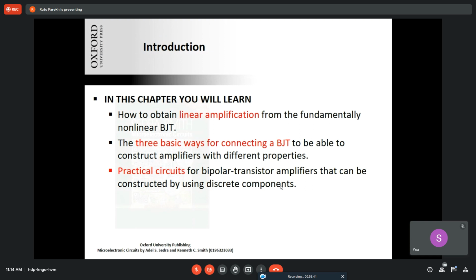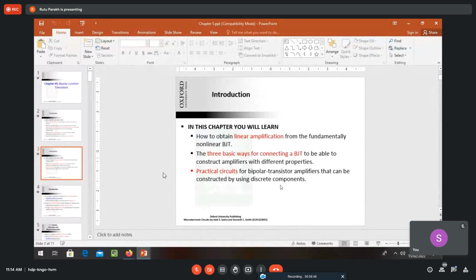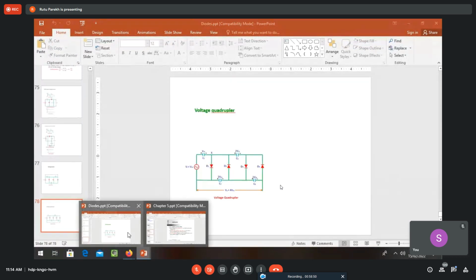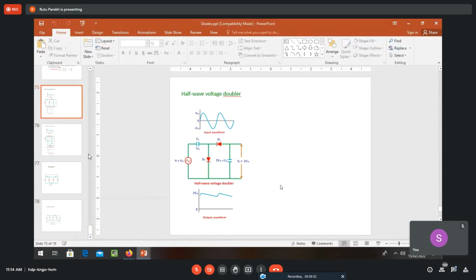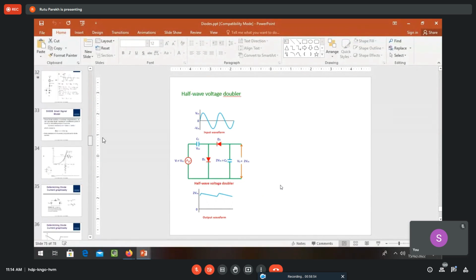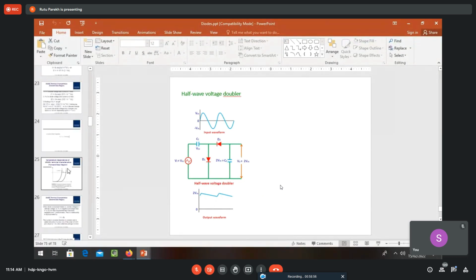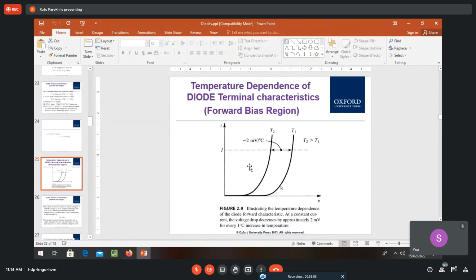Like in the diode, if you remember, we had seen that with the change in temperature... to recall, I can show you, I have it open here. All right, so if this is changing, even with a little change in temperature, you must understand that this will affect the amplification also.